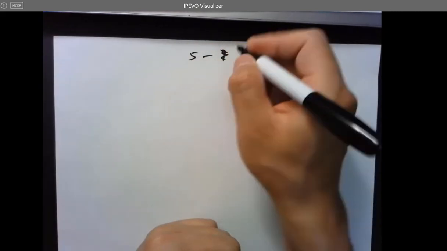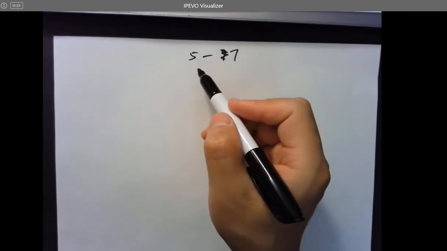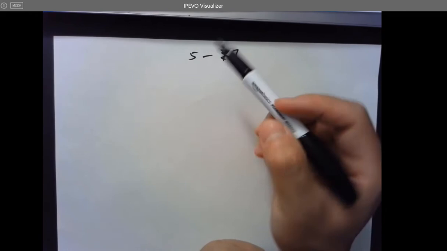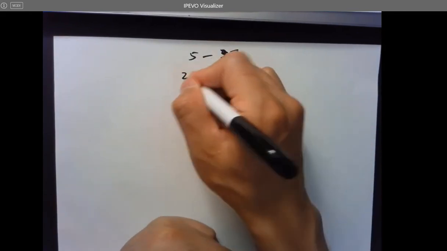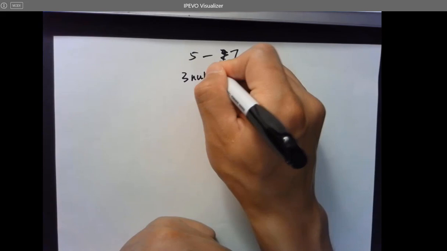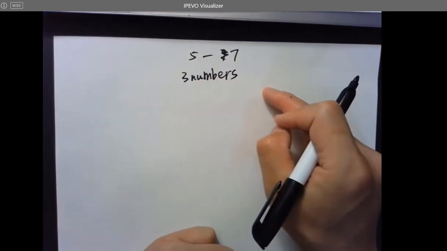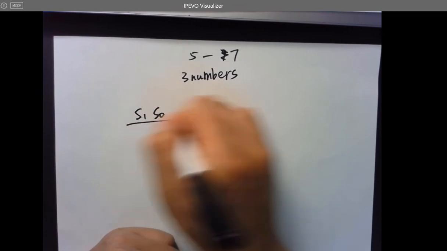No, let's make it fewer. 5 to 7. I only need to show 5 to 7. And how many numbers? 5, 6, 7, right? 3 numbers. So I only have 3 different output patterns, and you only need 2 bits to do this job.